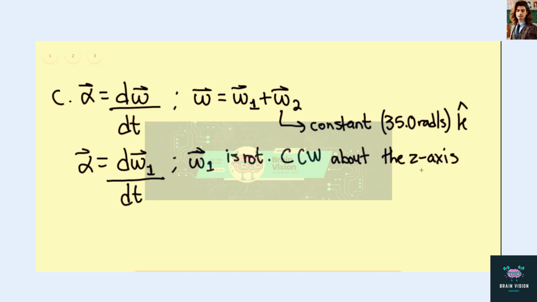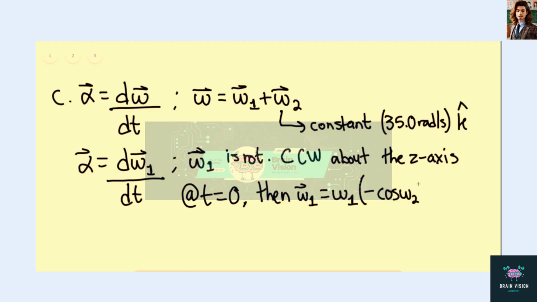We can say that if the system is at t equals 0, then omega sub 1 would equal the magnitude of omega sub 1 times negative cosine of omega sub 2 t i hat minus sine of omega sub 2 t j hat.